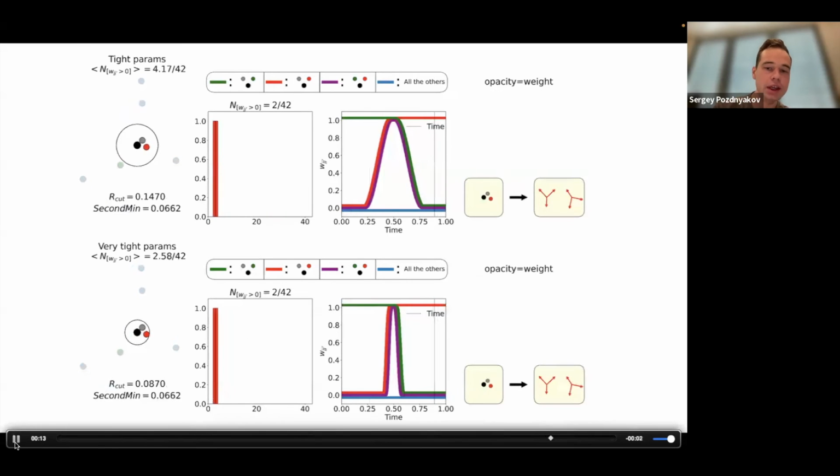What we can see is that when beta is small, the transition from the green coordinate systems to red coordinate system is very slow and very smooth.